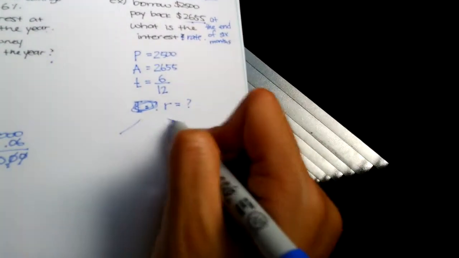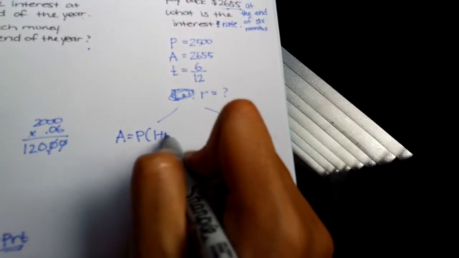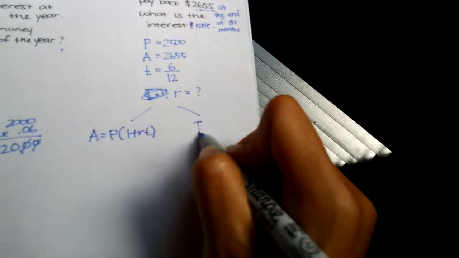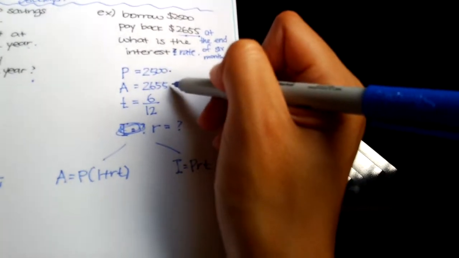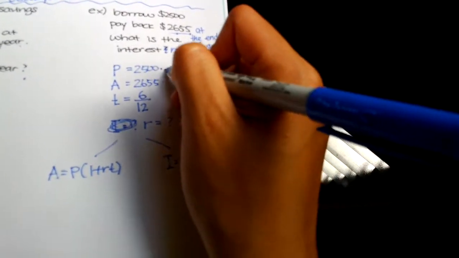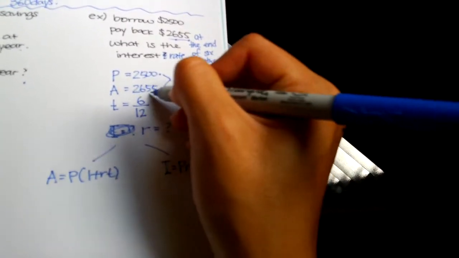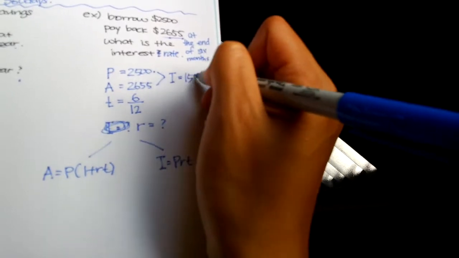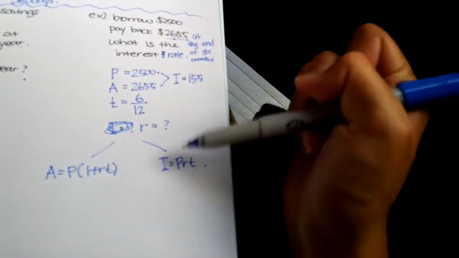So there's 2 ways to go about it. One, you could use A = P(1 + RT), or you can use I = PRT, whichever one. Because if we borrow $2,500 and we pay back $2,655, from this we can deduce that, let's see, $2,655 minus $2,500, so 155 is the amount of interest that you got.